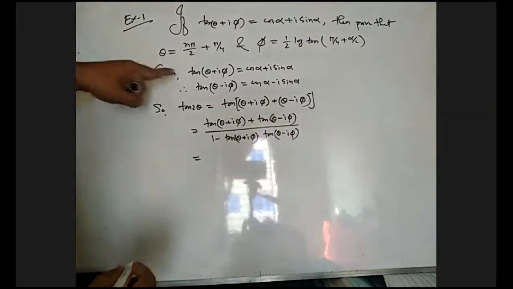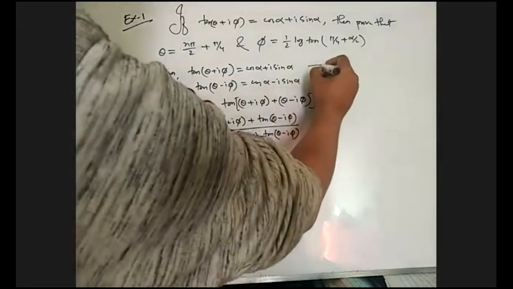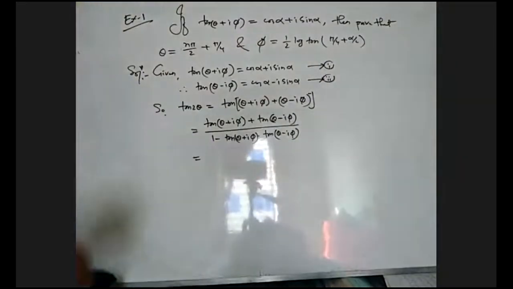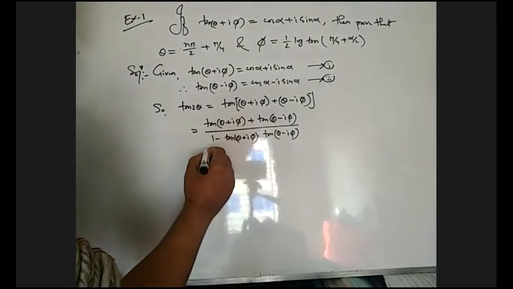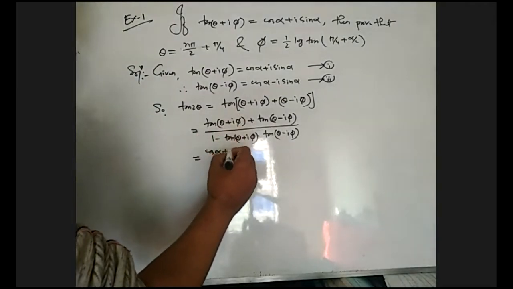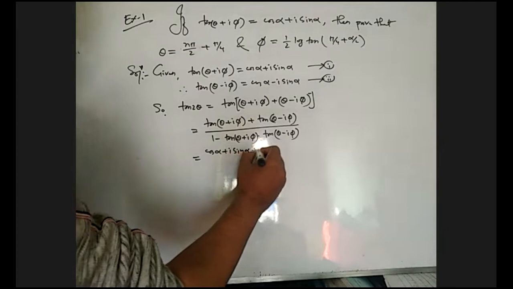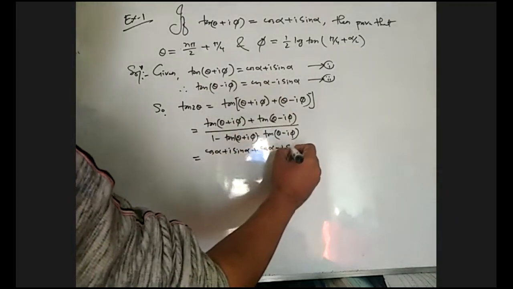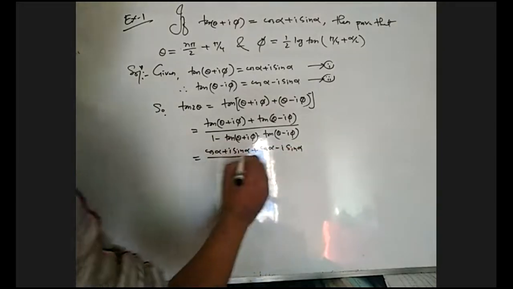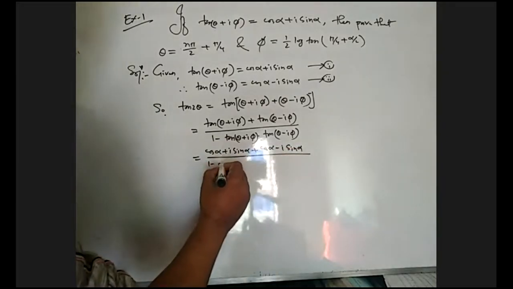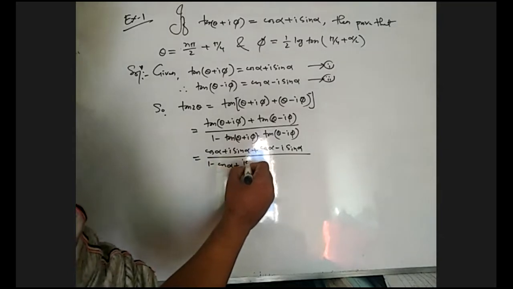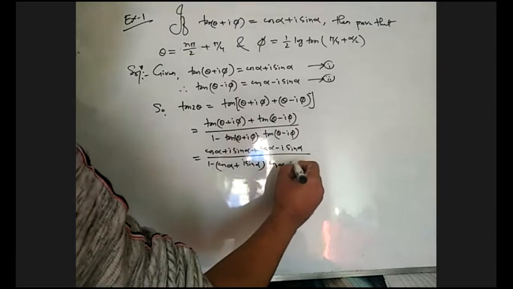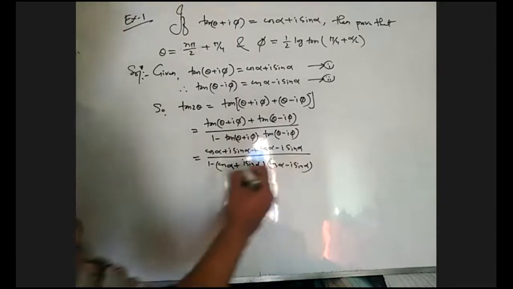Now just putting these values. This is equation number 1 and this is equation number 2. So from equation 1 and 2, we can put the values: cos alpha plus i sin alpha and this value cos alpha minus i sin alpha, divided by 1 minus cos alpha plus i sin alpha into cos alpha minus i sin alpha.